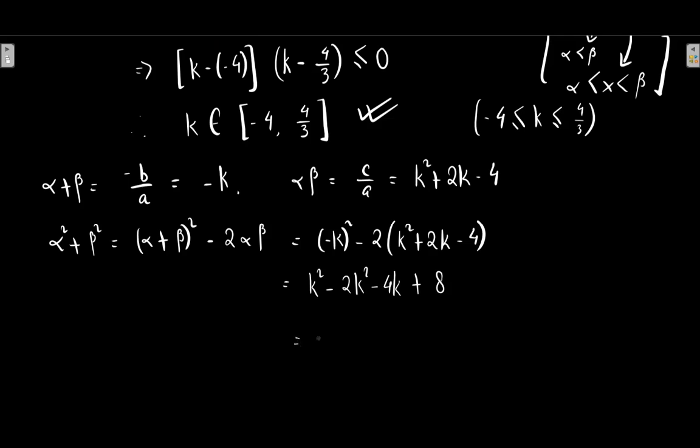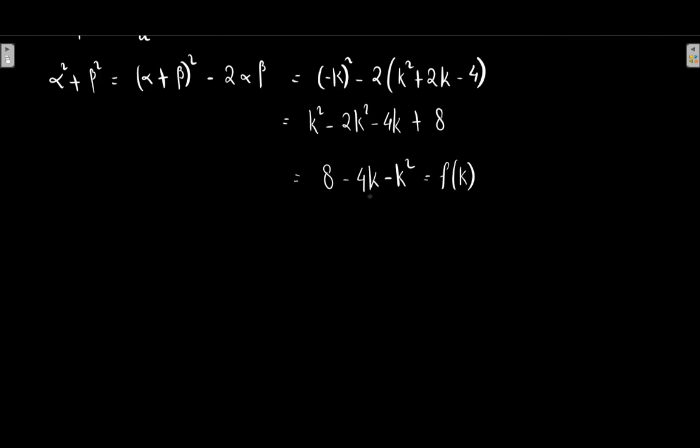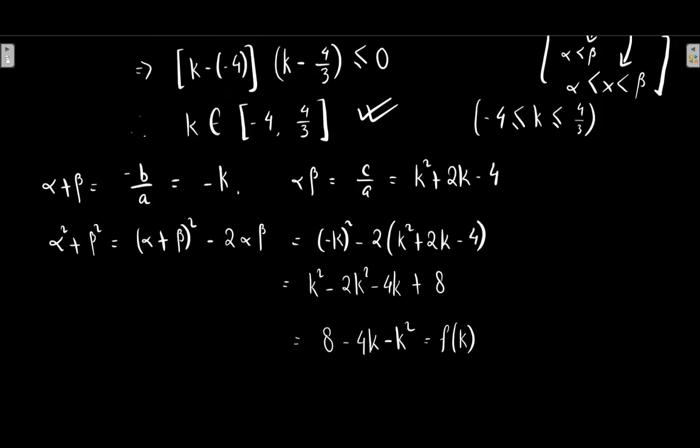Okay, so this becomes equal to 8 minus 4k minus k square. So the value of alpha square plus beta square becomes a function in terms of k, where k belongs to the interval minus 4 to 4 upon 3, both included.